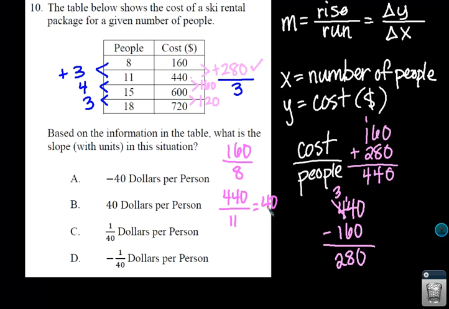What is 600 divided by 15? And what is 720 divided by 18? Okay, so what is the cost per person? $40 per person. So our answer is B.